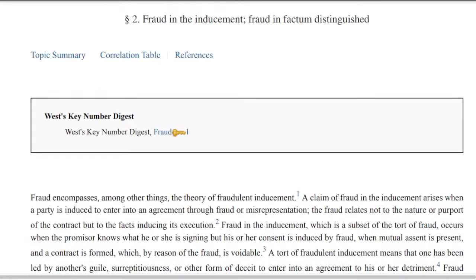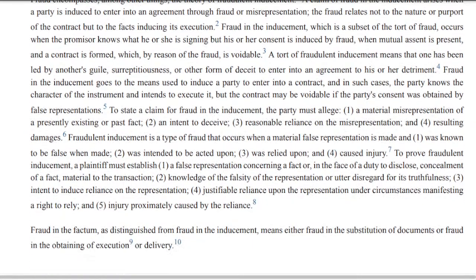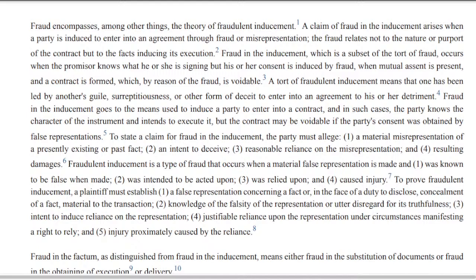All right. So, fraud in the inducement, fraud in factum distinguished. So let's get back. Fraud in the inducement, which is a subset. Let's see, a claim of fraud in the inducement arises when a party is induced to enter into an agreement through fraud or misrepresentation. The fraud relates not to the nature or purport of the contract, but to the facts inducing its execution.